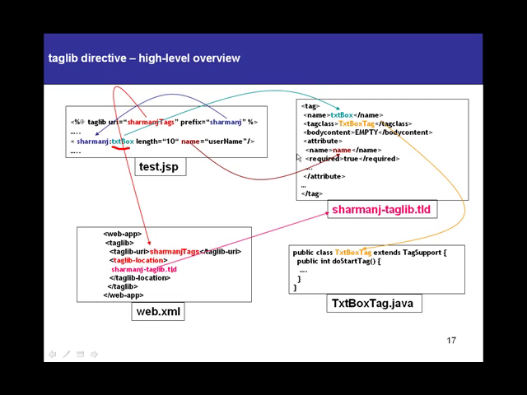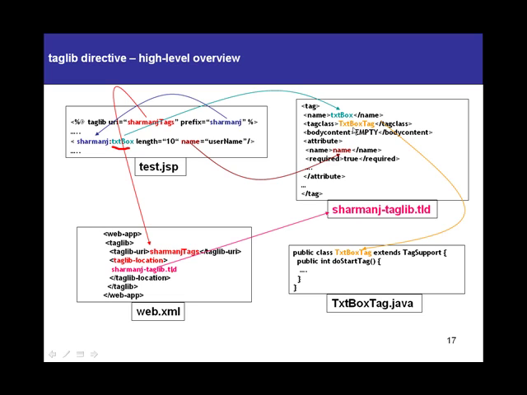So we know that the taglib directive matched to this particular location, and now I'm going to use the text box taglib. Okay, so it's going to search for text box in the name in the Sharman's taglib.tld file, and it's going to see what is the corresponding tag class.